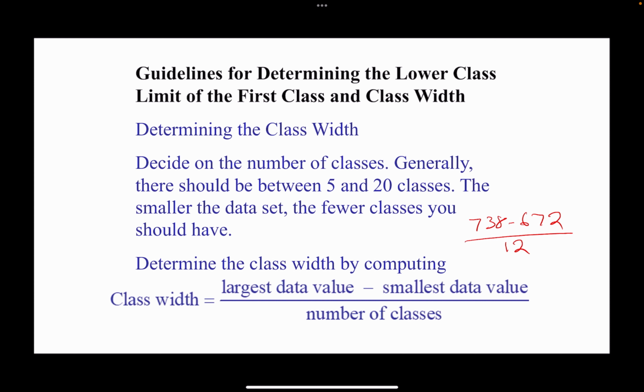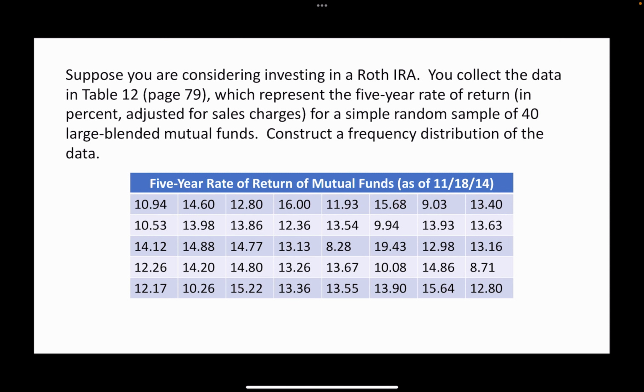That's 66 divided by 12. That gives me 5.5. So I would need to make my class widths 5.5. See how awkward that is? To me, it's just easier to decide the width rather than decide how many classes you want. All right. We'll get to those other histograms in a minute.